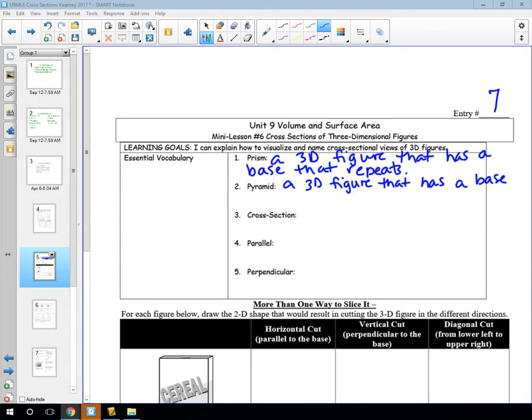And the base actually comes, you have one base on the bottom, and then it comes up. It connects to a point. Has a base that connects at a point. Okay, so a prism, 3D figure that has that base that repeats. A pyramid has that one base, but then the sides come up to a point.